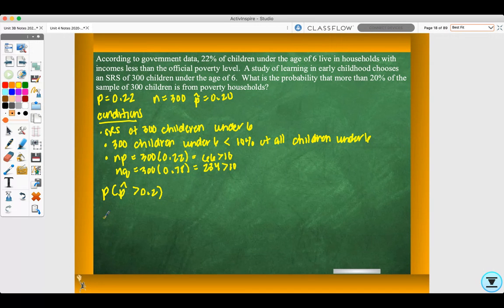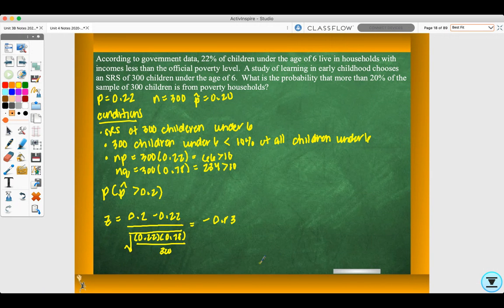So first we need to find our z. And to find our z, it would be 0.2 minus 0.22, all divided by our standard deviation. And this is work that you do have to show. So it'd be the square root of 0.22 times 0.78 all over 300. And you would get negative 0.83.